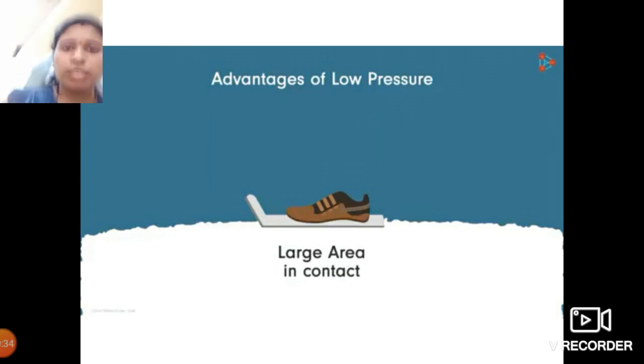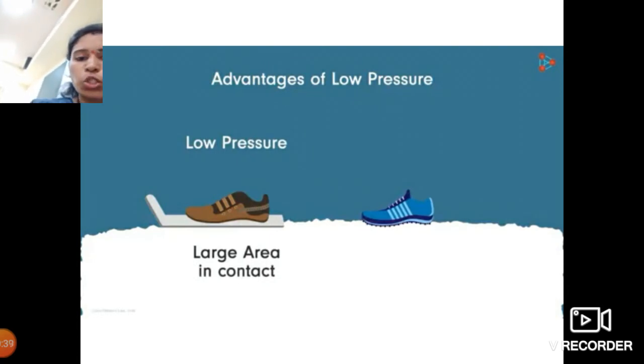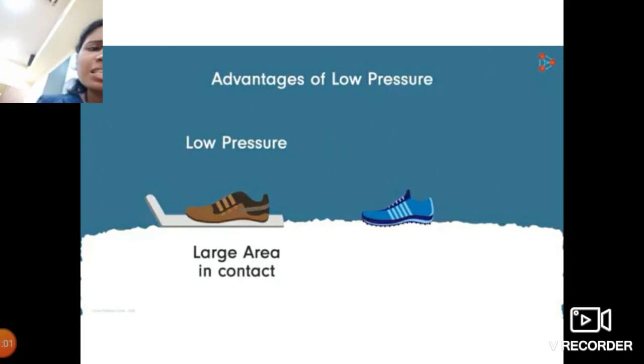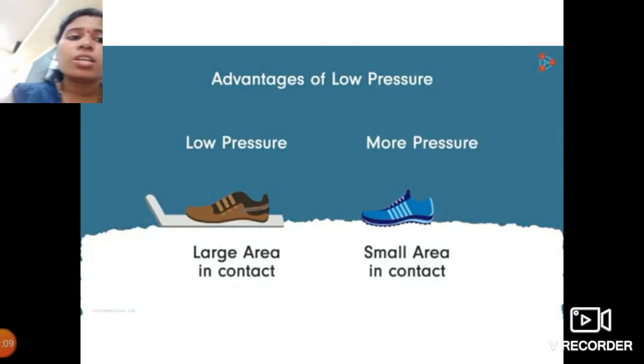Now if we think about the case of regular shoes, in case of a normal shoe, due to the comparatively small area in contact, the pressure on the snow is more and it sinks a foot deep inside the snow.